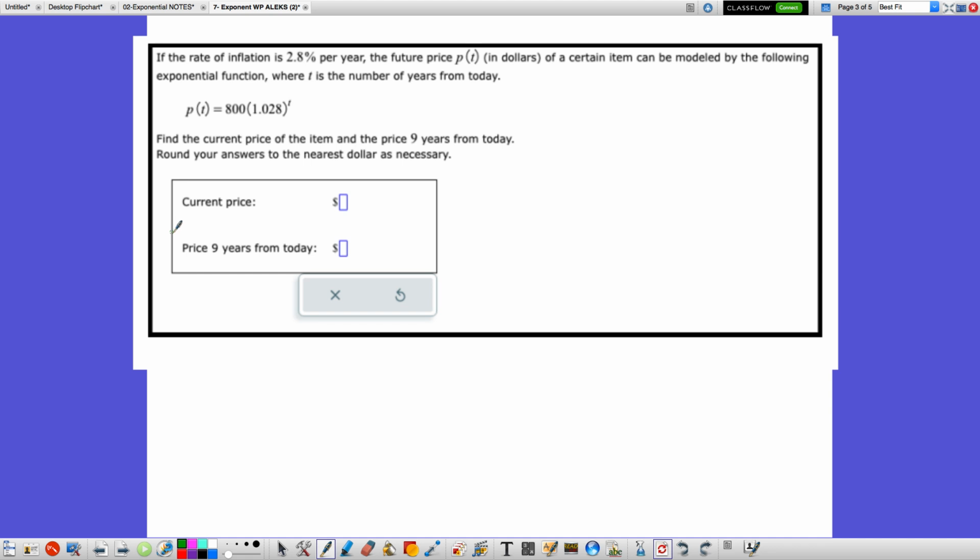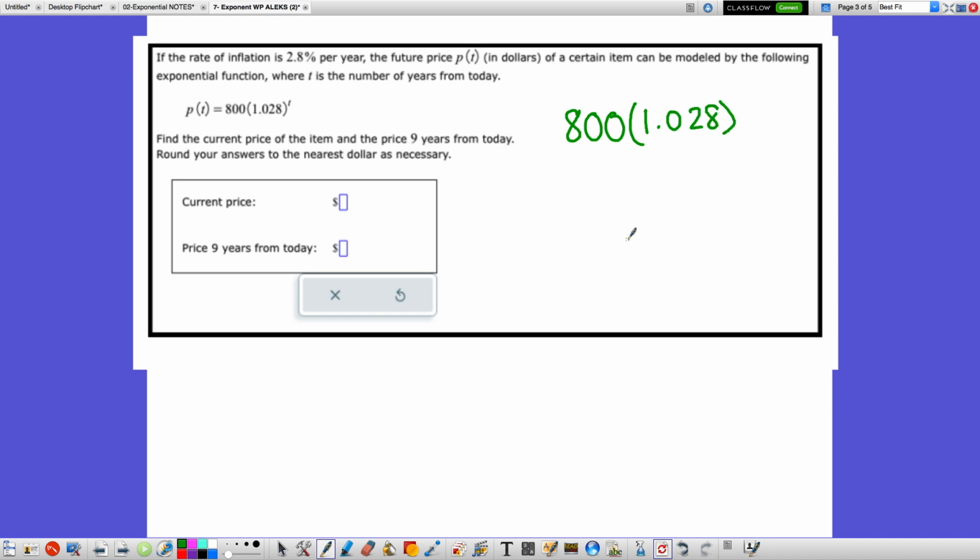All right, so this is again just plugging in numbers. So we're doing years. T in time is years. So it starts out, we have $800. And inflation would mean what about the price of this? So this product costs $800.